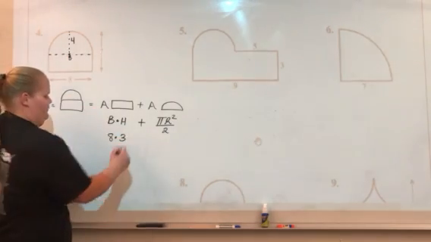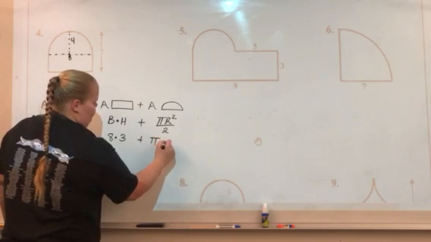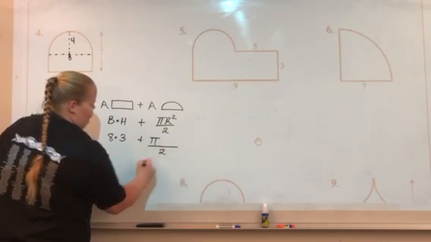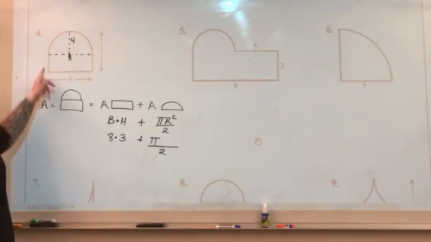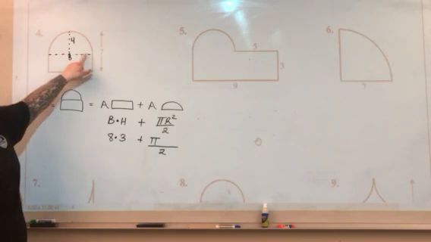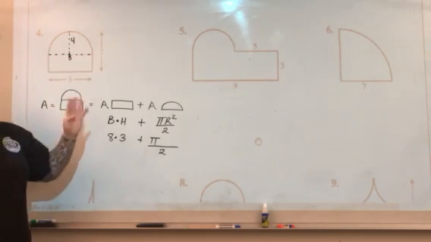Now over here, I have pi times radius squared divided by 2. We already discussed that the radius of this circle, since the diameter is 8, is going to be 4.